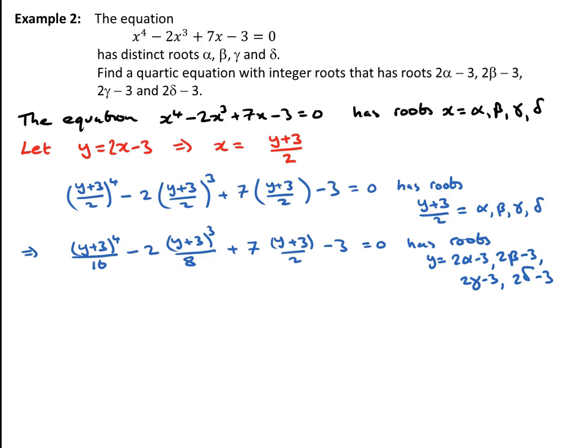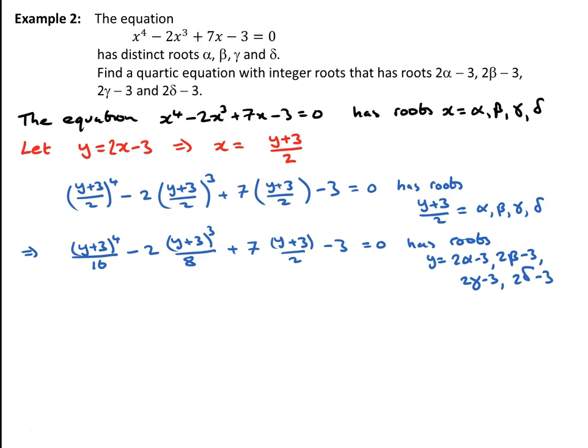So we can say we've got the equation y plus 3 to the power 4 over 16, take away 2 lots of y plus 3 to the power 3 over 8, plus 7 lots of y plus 3 over 2, take away 3 equals 0, has got roots. Either we can write y plus 3 over 2 equals alpha, beta, gamma or delta, or we can say that y is equal to 2 alpha minus 3, or 2 beta minus 3, or 2 gamma minus 3, or 2 delta minus 3.